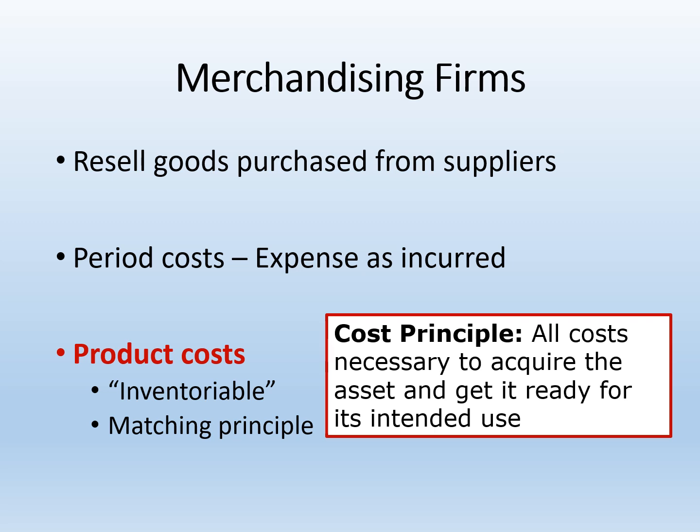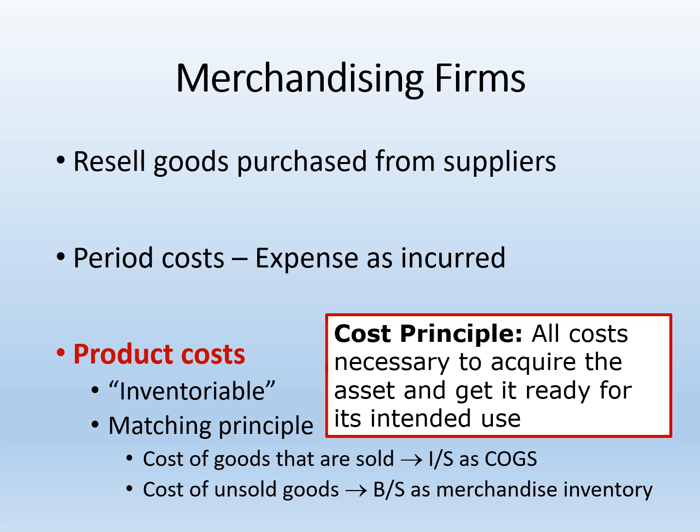The matching principle tells us that the cost of the goods that are sold during the period go to the firm's income statement as cost of goods sold. But the cost of any unsold goods stay on the balance sheet as merchandise inventory.